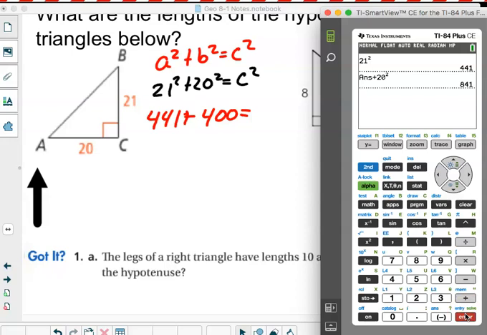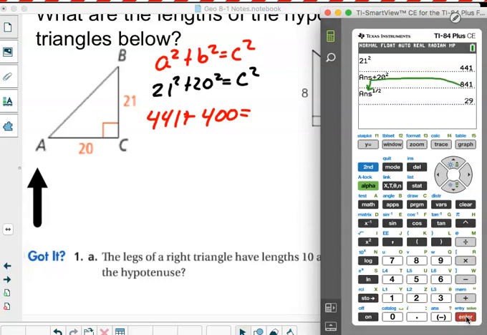There's two ways I can do the square root in a calculator. The first one I'm going to do is a fractional square root. You'd probably have seen it in the exponent: I take my answer, 841, and raise that to the 1 divided by 2 power. That is a square root, and I get 29.